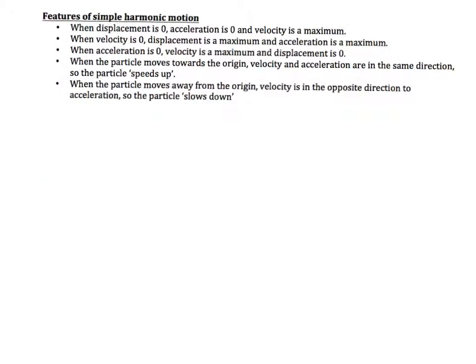Here are some other notes that I've got printed for you. Just remember, when a particle is moving in simple harmonic motion, it is just going back and forth like that, for the pendulum. If the displacement from the origin is here, and it's moving like that, right at the end point, the velocity is 0. When you get down to the origin here, the velocity is a maximum, and then back up here, the velocity is 0.